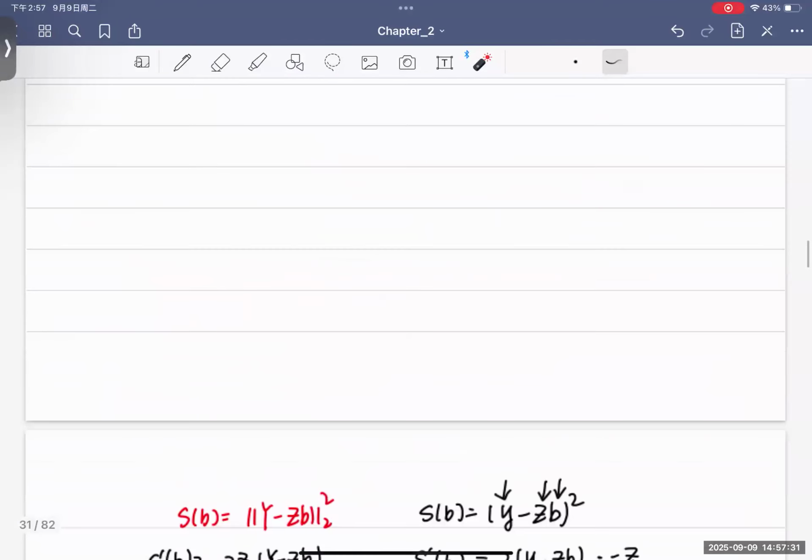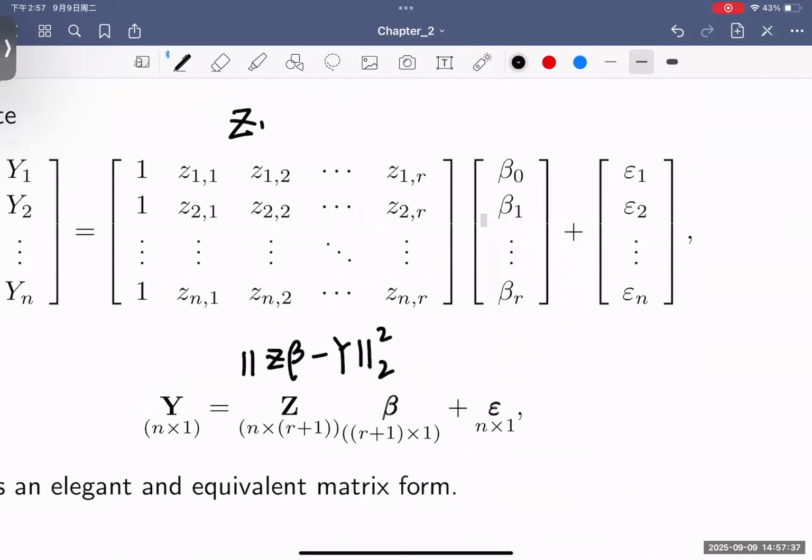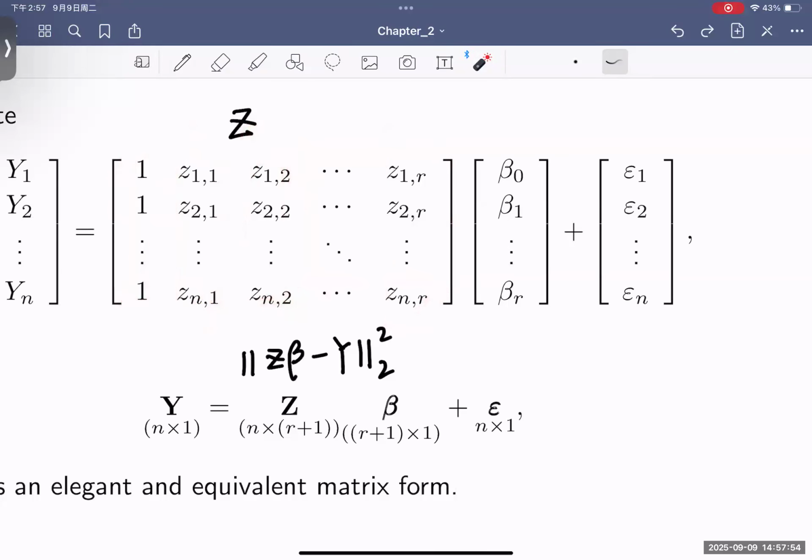At the very earliest stage, we have already shown the matrix Z. Matrix Z is n times r plus 1. So here are r plus 1 column vectors. When we use Z times the beta, we're trying to use these r plus 1 column vectors to make a combination, and then it will become our Y hat, okay?